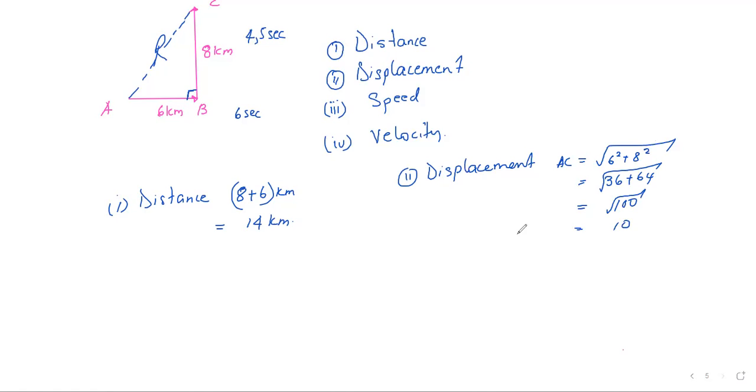Then displacement will be 10 kilometers. You need to give the direction there because displacement is a vector. It has magnitude and direction at an angle there. You can use the tangent, opposite over adjacent.